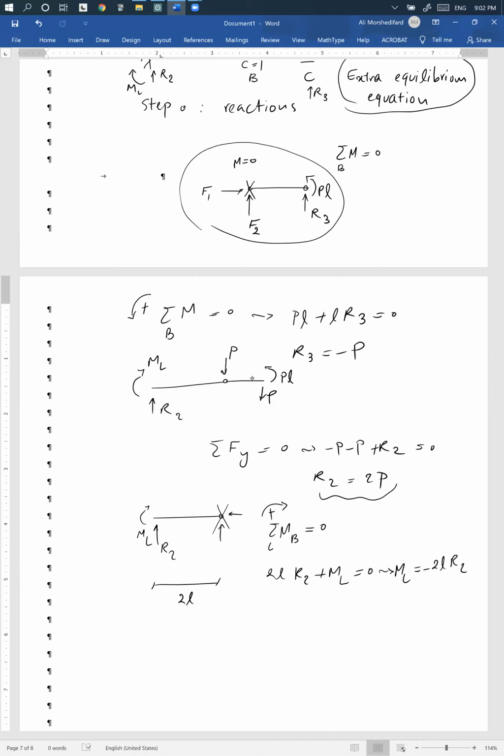And I have R2 from here. Gives me ML negative 2L times 2P, negative 4LP.